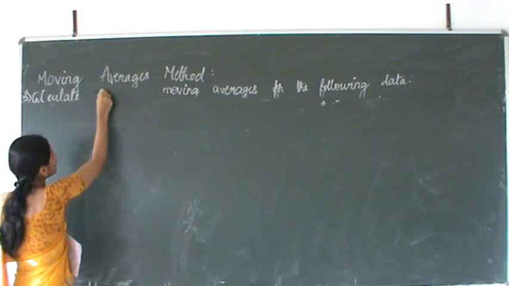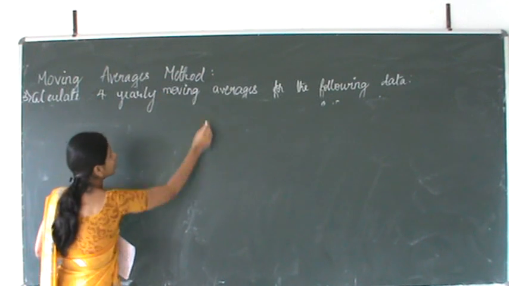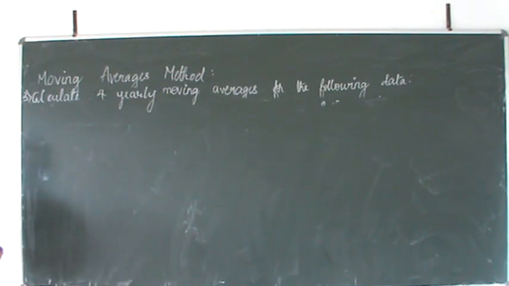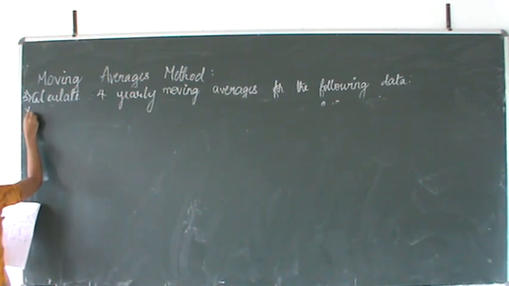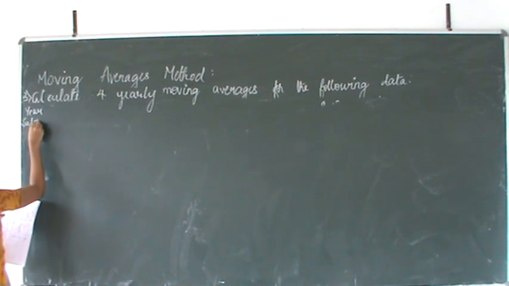Calculate 4 yearly moving averages for the following data. The information is year, and secondly sales in thousand.